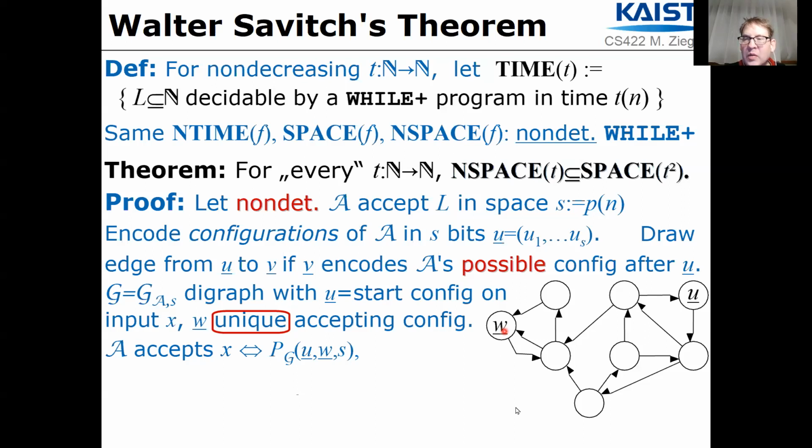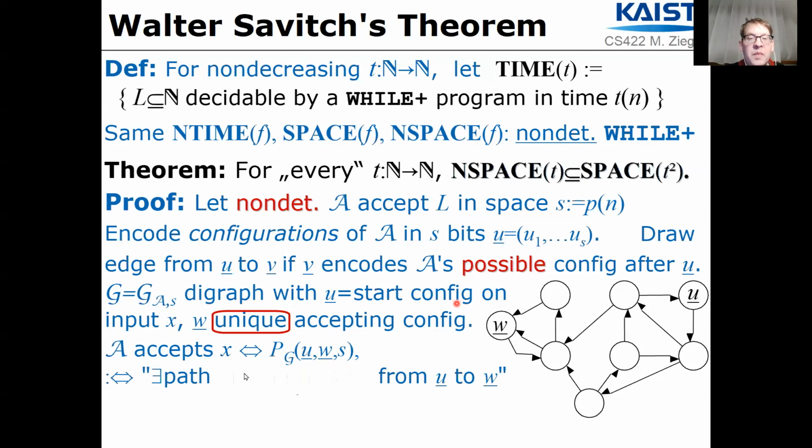And also that means that there exists an intermediate vertex which can be reached within half the overall width, and from which the end configuration can be reached in another half of the width of the graph, the diameter of the graph.